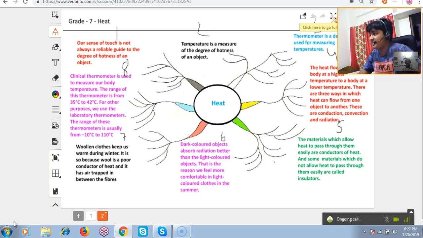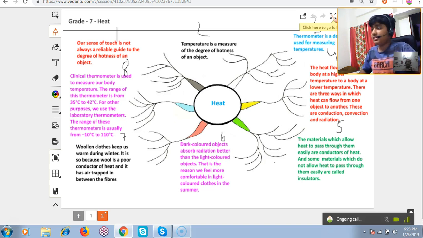If you want me to give an example, this is a pot with water and this is a flame. It'll be easier if I explain it.